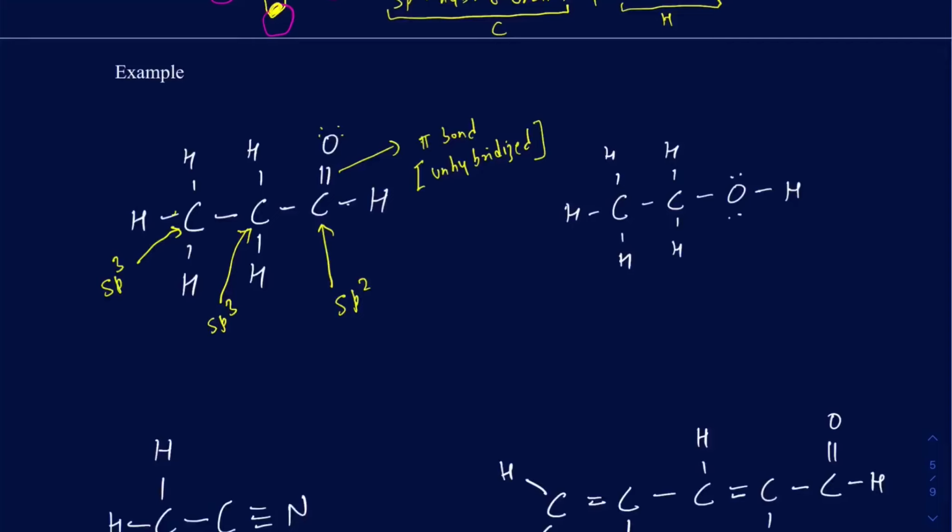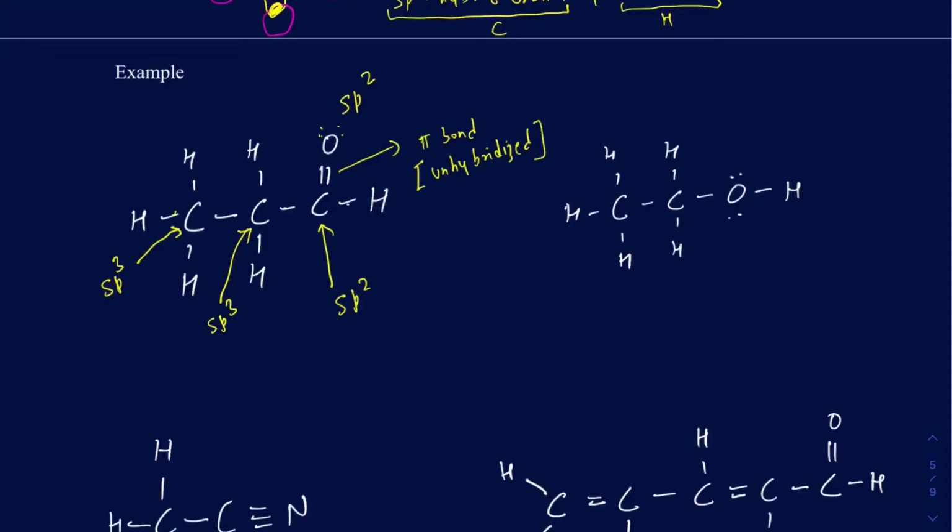And since there are 2 lone pairs on that oxygen, and 1 electron domain, so this double bond counts as 1 electron domain because the other bond in this double bond, which is going to be the pi bond, is coming from the unhybridized orbital. So this oxygen is also going to be an sp2. And then you don't really focus on the hydrogens in terms of the hybridization.